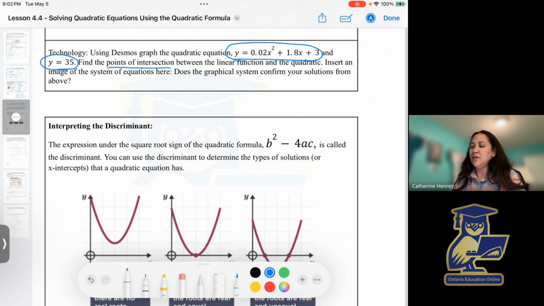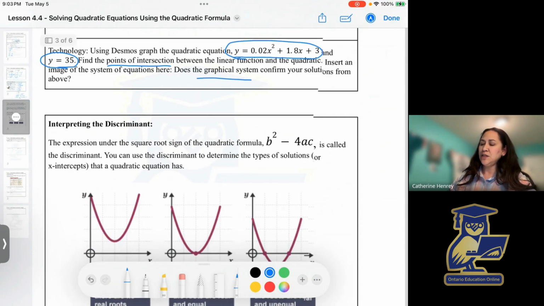Once you do that, go ahead and get an image of it, whether you want to export the image and drop it into this document, or hand draw it, although I would definitely use some kind of graphing tool. And just check to see, do the answers that we got coincide with the graphical system that you can see on Desmos?